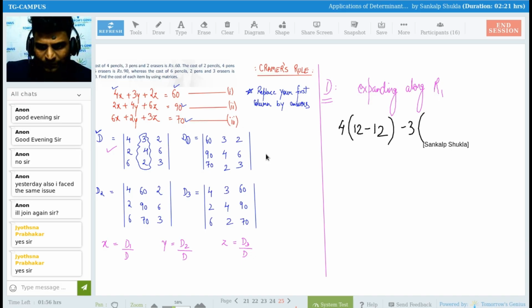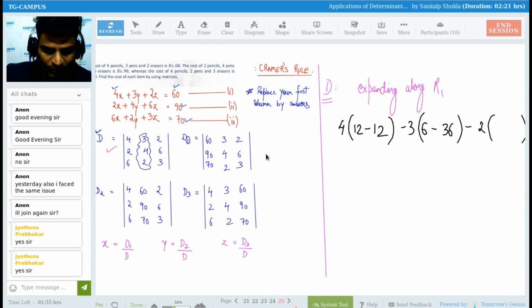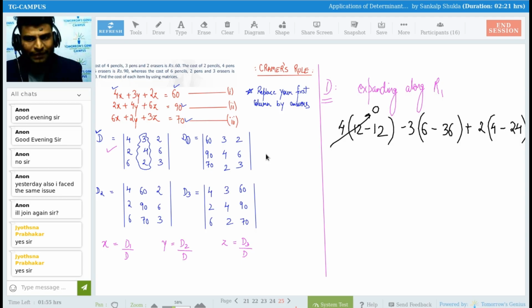Then I'll write minus 3, and it will be 3 6s are 18... that is 6 minus 36. Again, I'll write minus 2, no, plus 2 I'll write. It will be 4 minus 24. So that is 0. 6 minus 36 is minus 30.